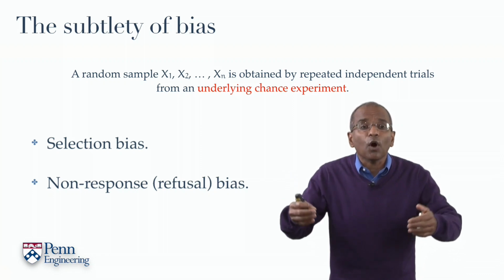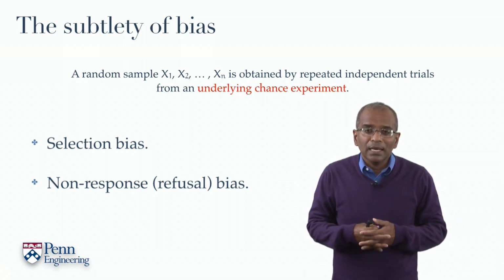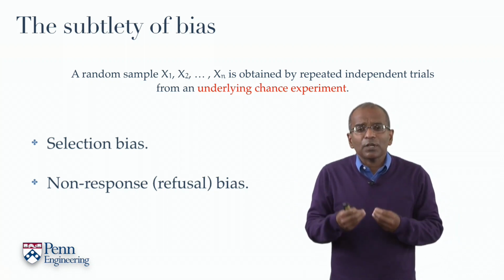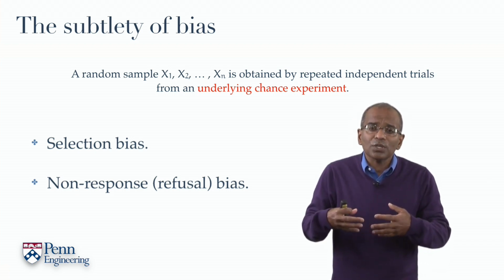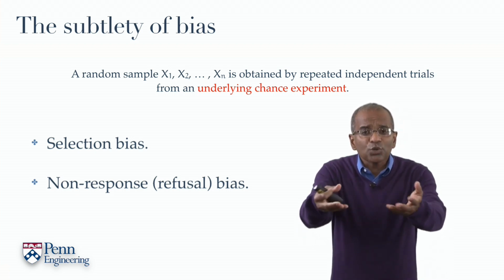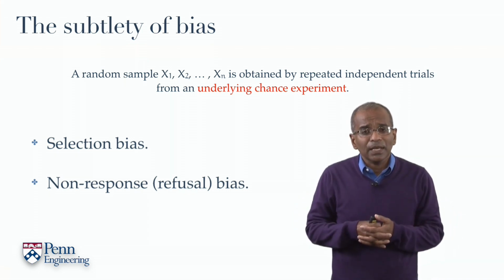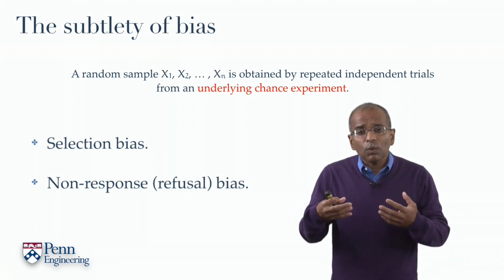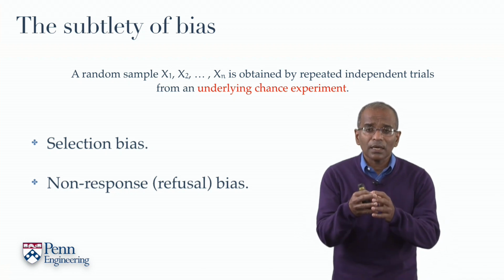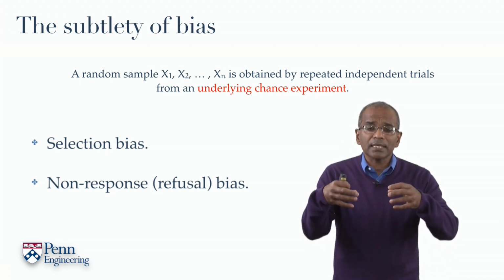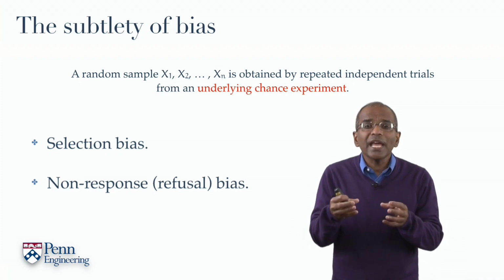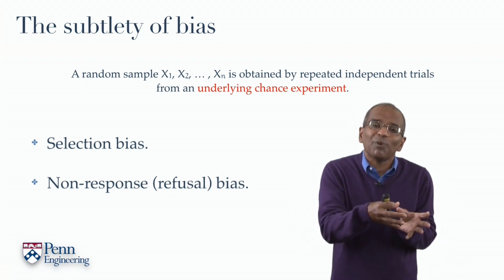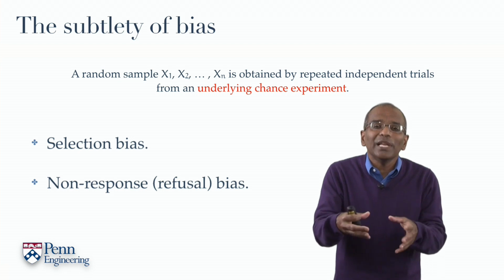Here's an example of a refusal bias. This is very difficult to combat, because people naturally value their time and don't want to spend the time answering a stranger's questions. But the moment one refuses, implicit here is that the sample that is actually obtained is obtained from that subportion of the population who are willing to answer questions.